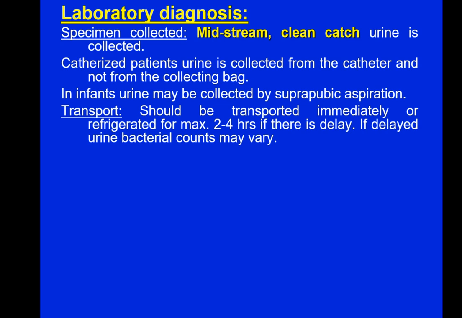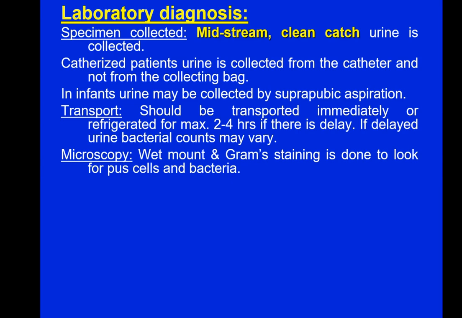If there is any delay in transportation, or the urine reaches the laboratory late, we have to refrigerate it. Why? Because urine is a rich source for organism multiplication, so refrigeration stops the multiplication.